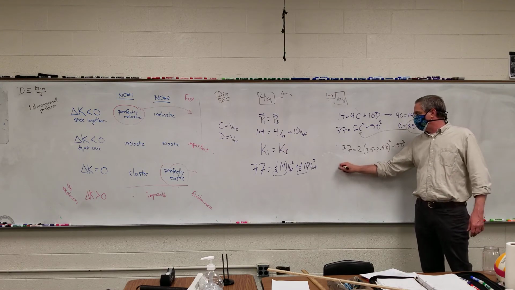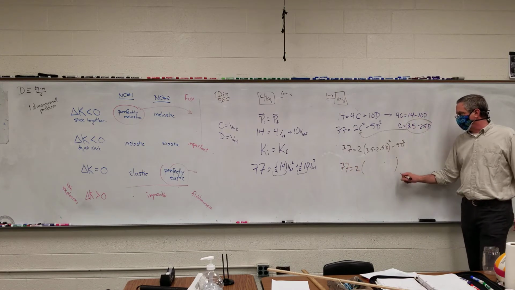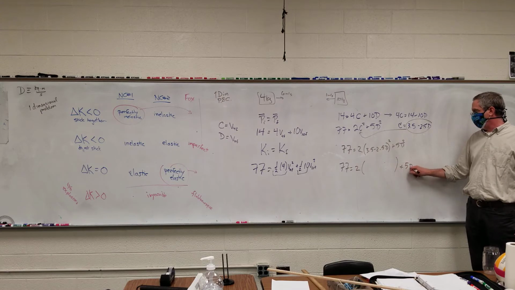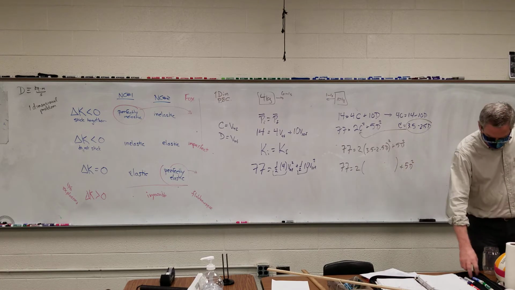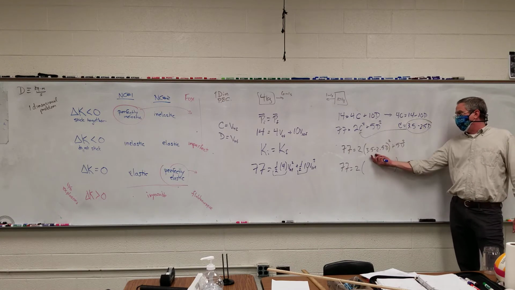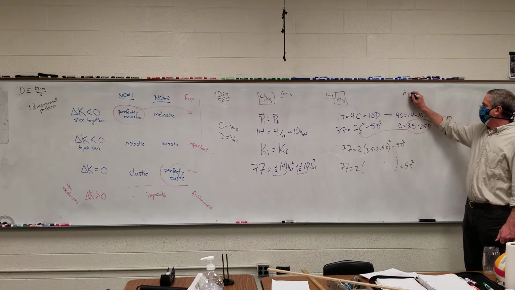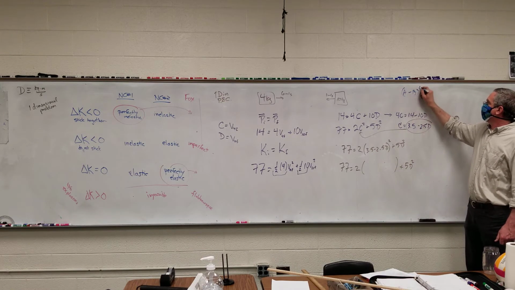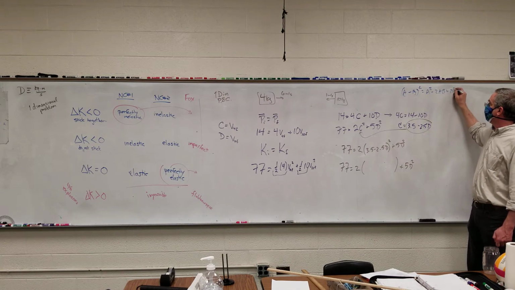So this becomes 77 is equal to 2 times that thing squared plus 5D squared. All right, reminder, (A minus B) squared is equal to A squared minus 2AB plus B squared.